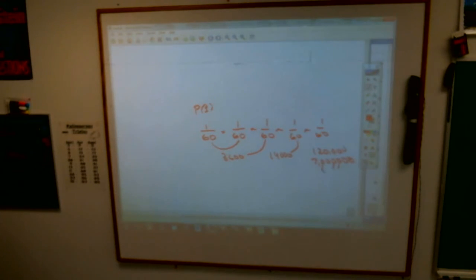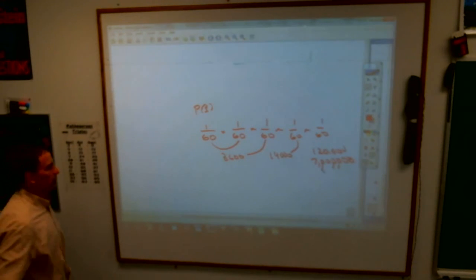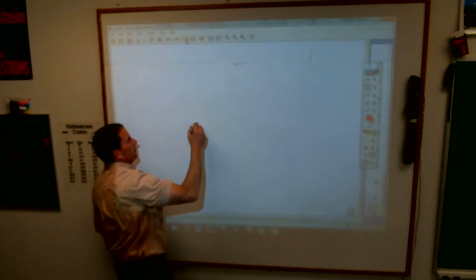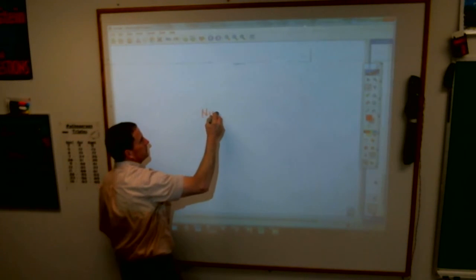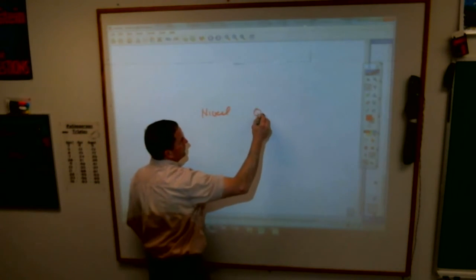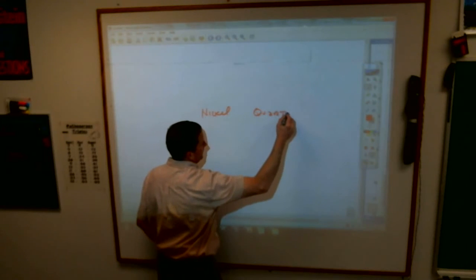It says there, for problems 10 through 14, consider a compound experiment in which a nickel is flipped and then a quarter is flipped. Create a tree diagram that shows all of the possible outcomes for the compound experiment. So what would that look like? Well, you're flipping a nickel and you're flipping a quarter. The tree diagram would look like this.